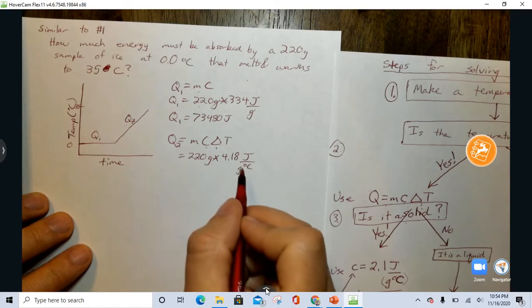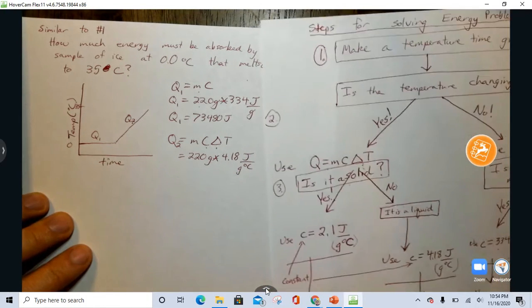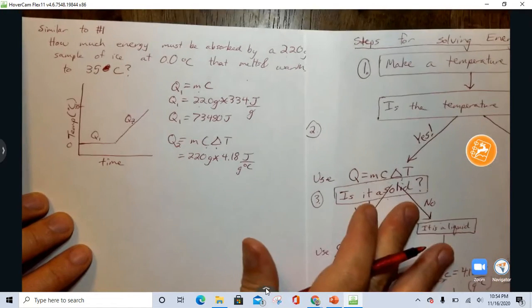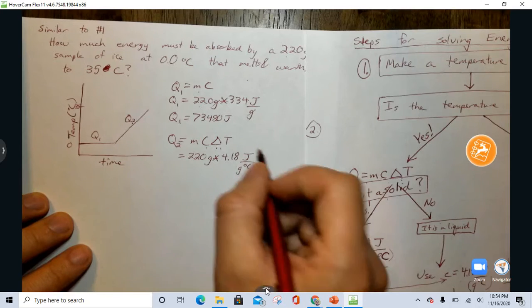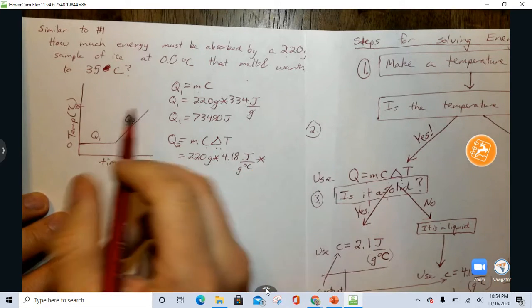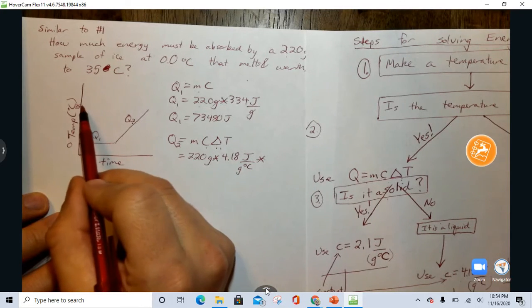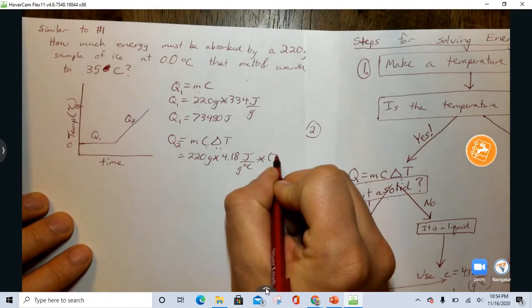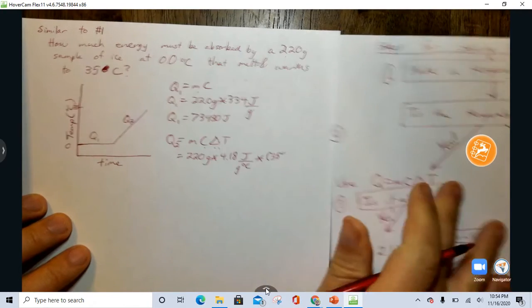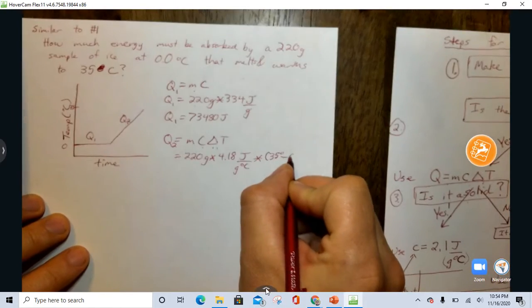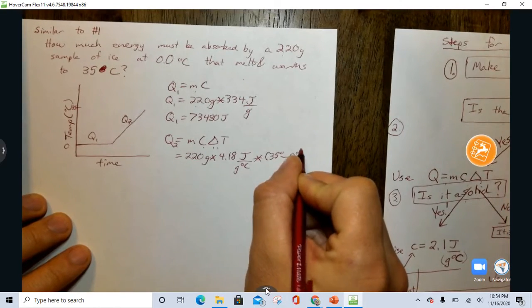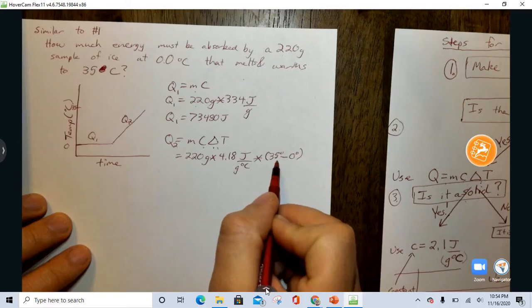We only use this type, either 2.1 or 4.18, if we have a temperature change, which we do for this one. And then we need to talk about the temperature change. It finishes at 35, started at 0, so it's going to be 35.